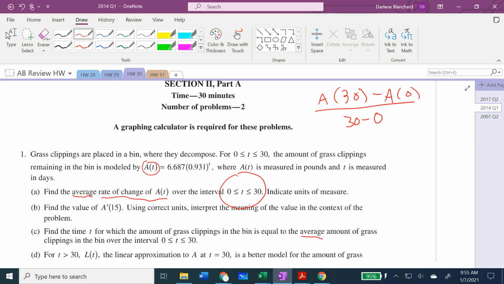So if you want your calculator to store these numbers, let me show you what you can do. Go to your home screen. If you do second quit, which is second and then the mode button side by side, you go to your home screen. In your home screen, you can ask it to find the y value of any function by first pushing your vars, moving right to y vars, pushing enter on function, and if the function is your y1, pushing enter on y1.